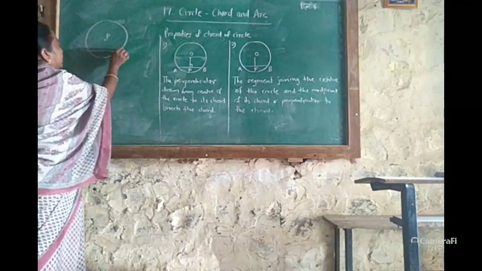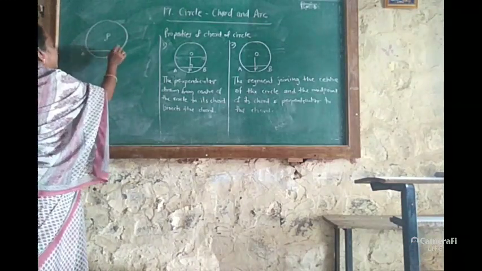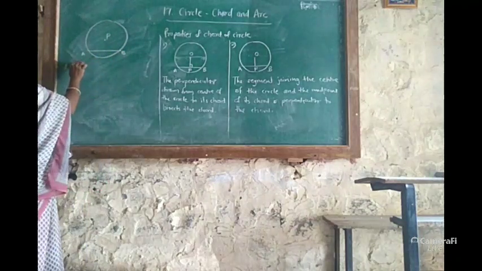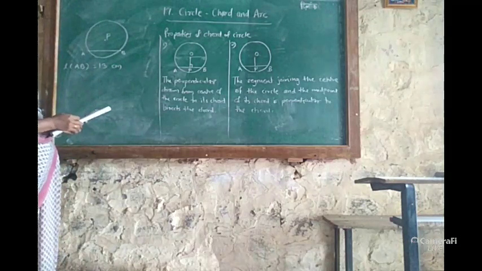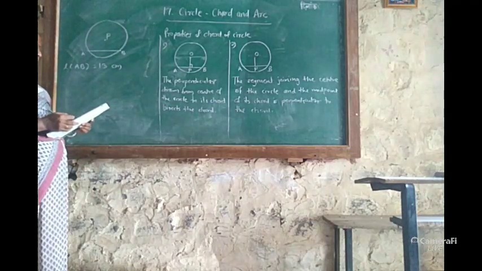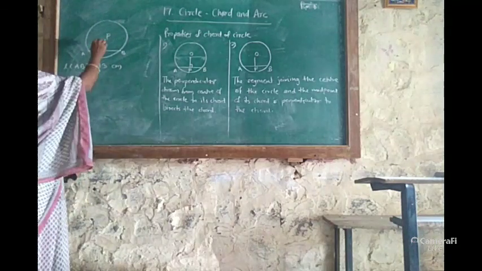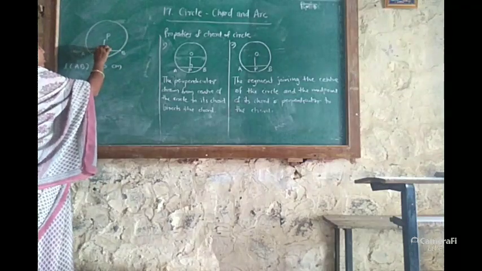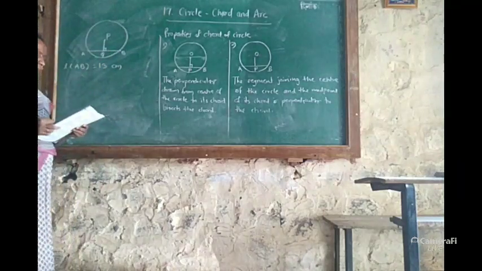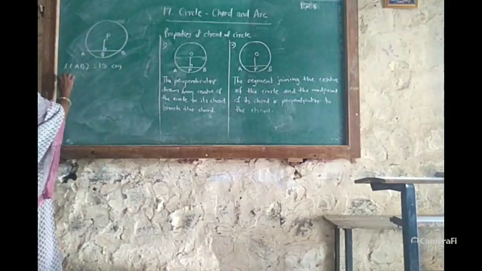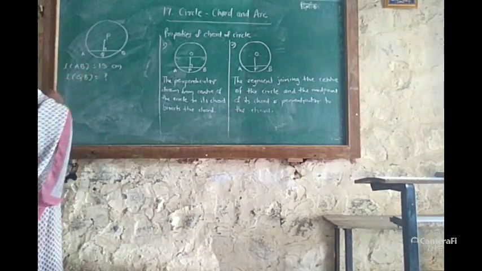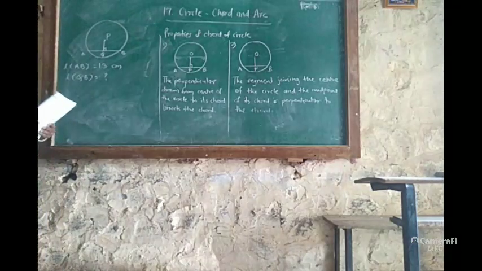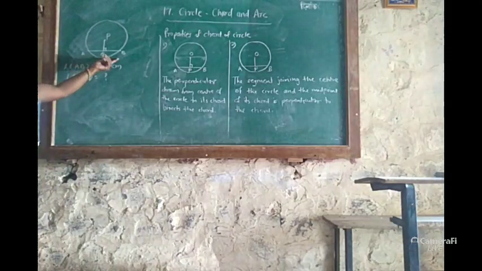AB is the chord, length of AB is 13 centimeter. Segment PQ is perpendicular to chord AB. Then find the length of QB. We have to find the length of QB.